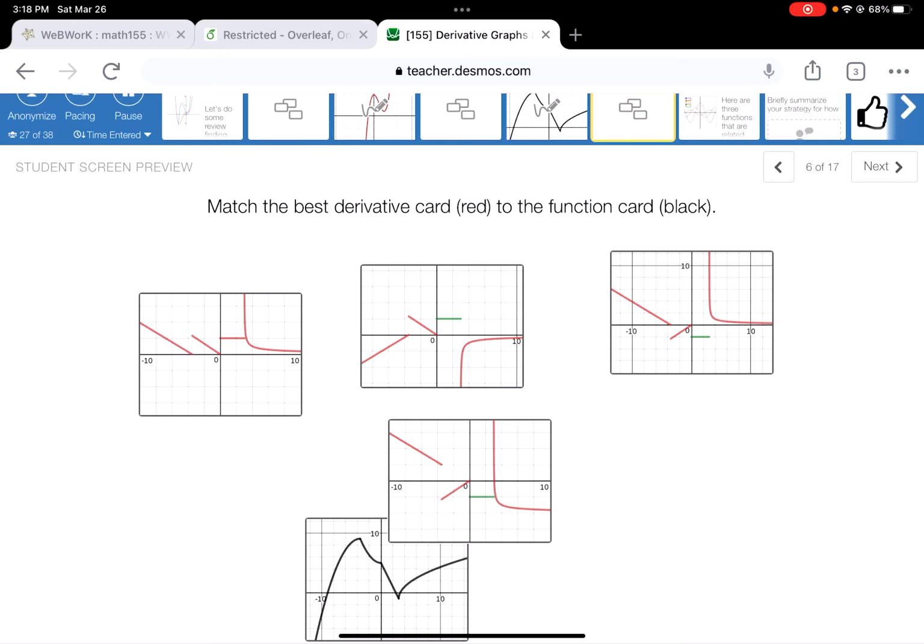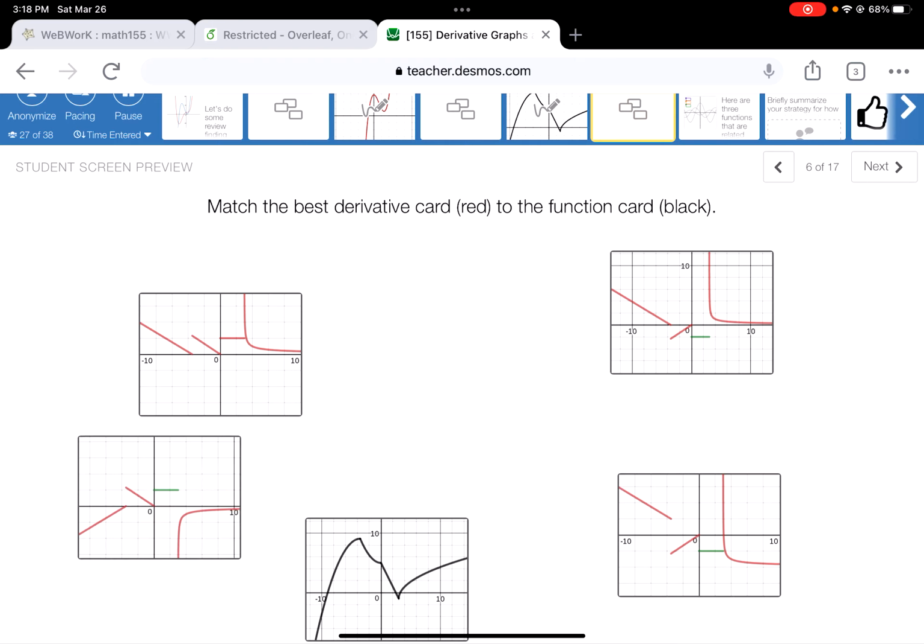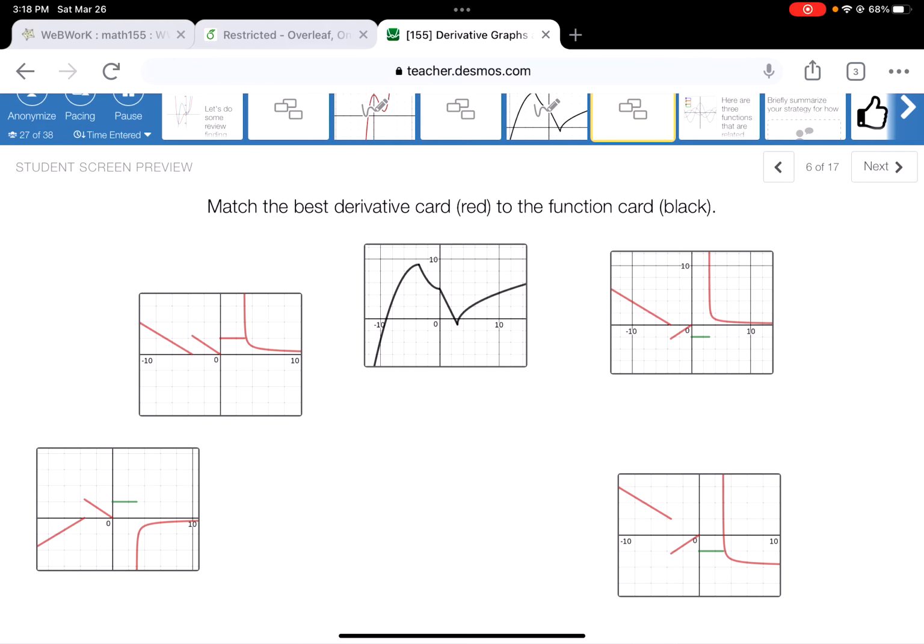So, more matching. This time, they're really getting this piecewise notion. Okay, so when we begin scanning from left to right on this black curve, the slope is positive, and it looks like it decreases towards 0, right when I get to the peak of that cliff.